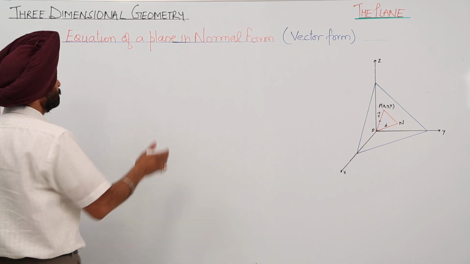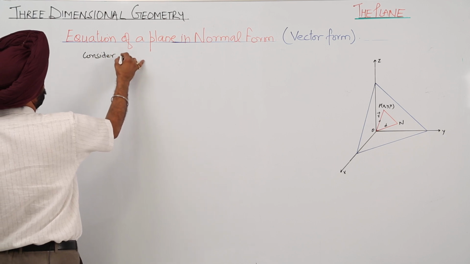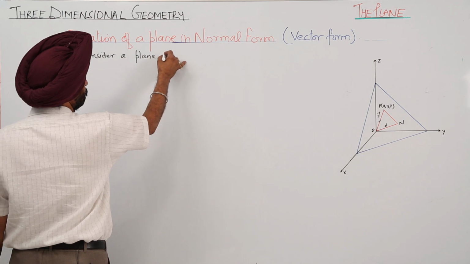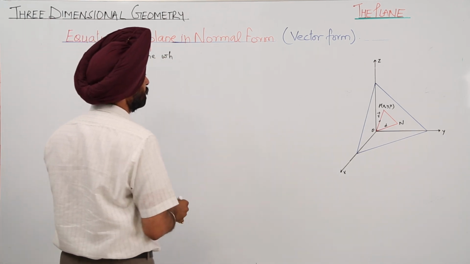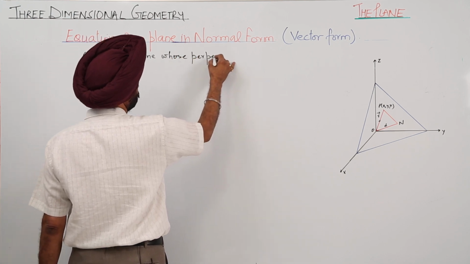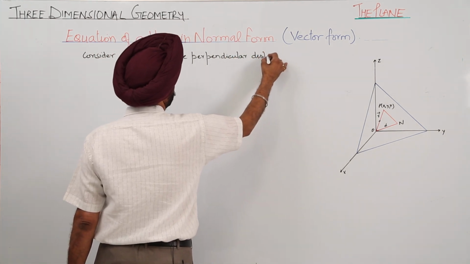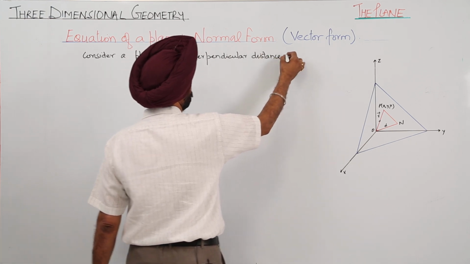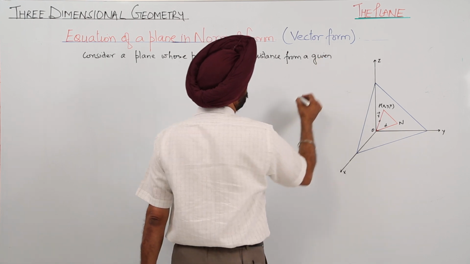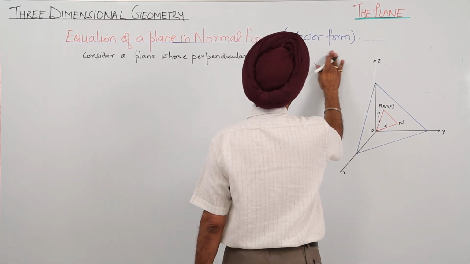Now consider a plane whose perpendicular distance from a given point or from the origin. Okay, so let's write it from origin.